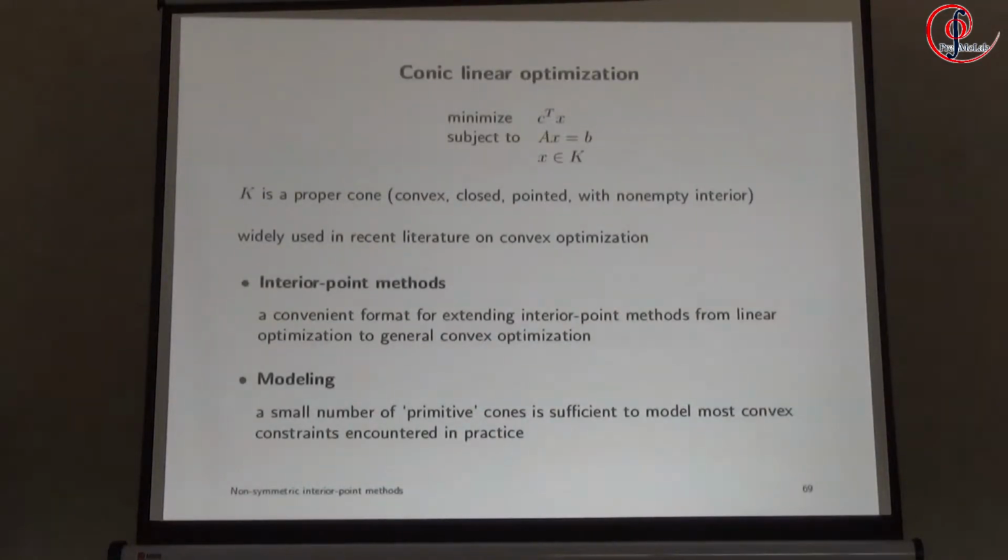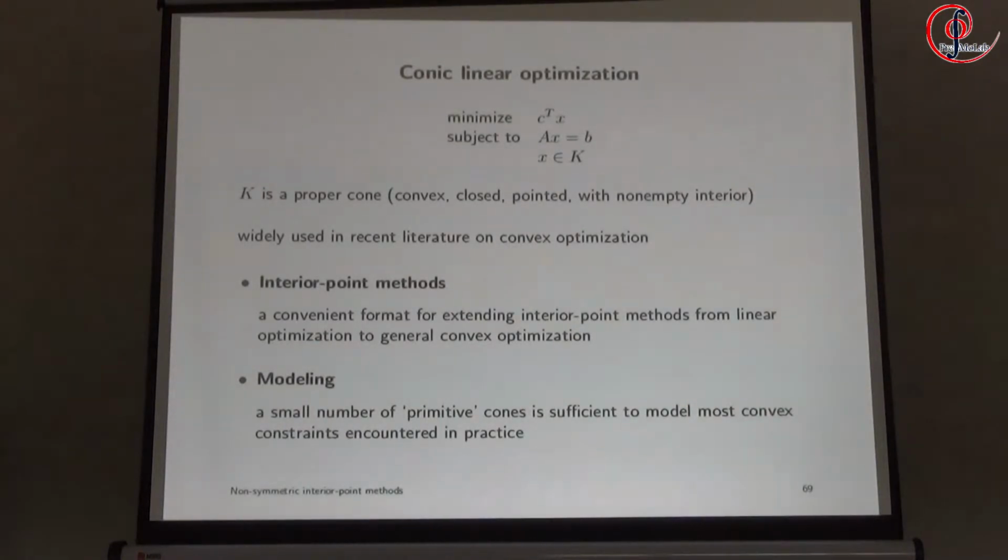So if you go back to the general, a few comments on conic linear optimization in general. Conic linear optimization is defined like this, as you know. It looks like an LP, except that you replace the non-negative orthant with a proper cone, so a convex non-polyhedral cone.